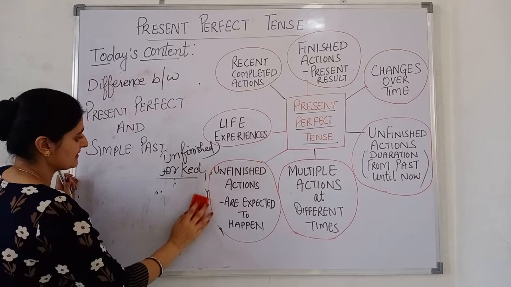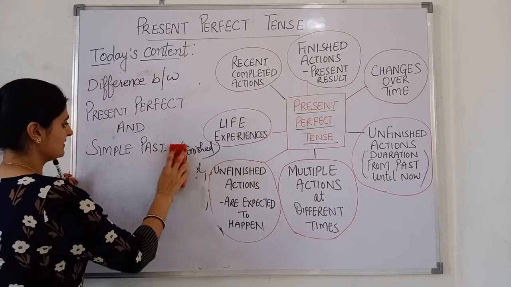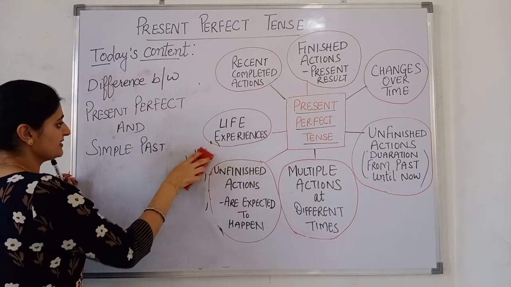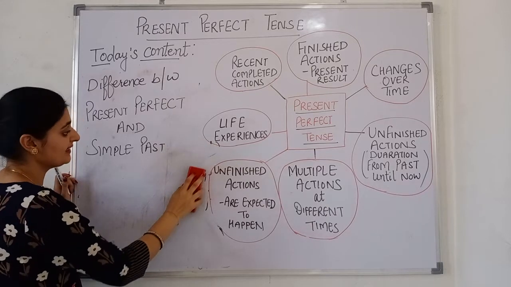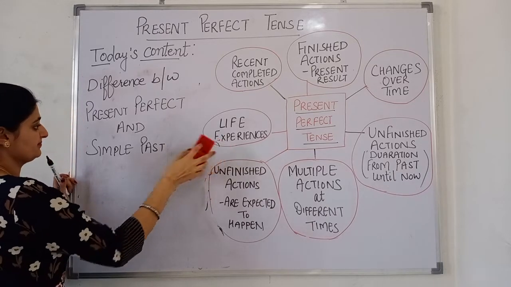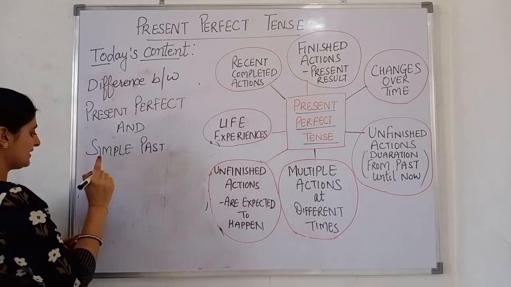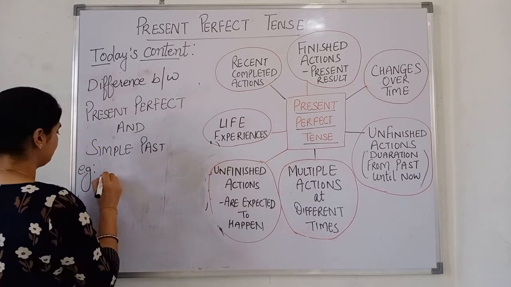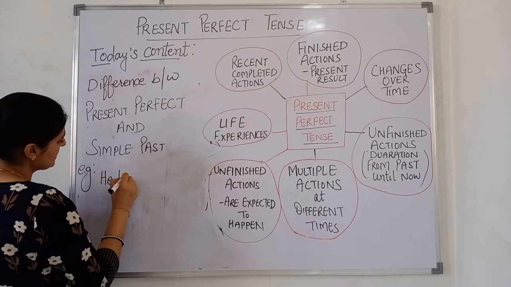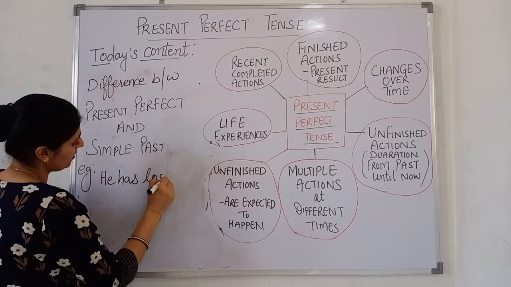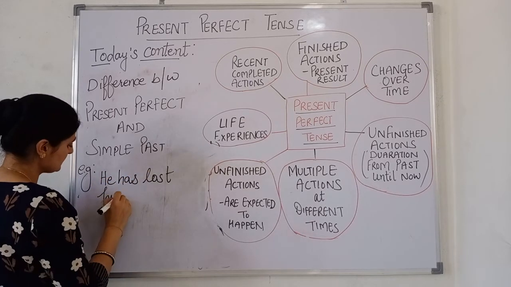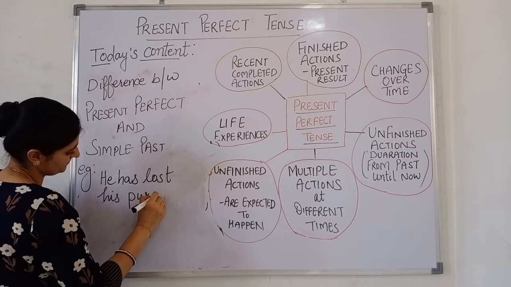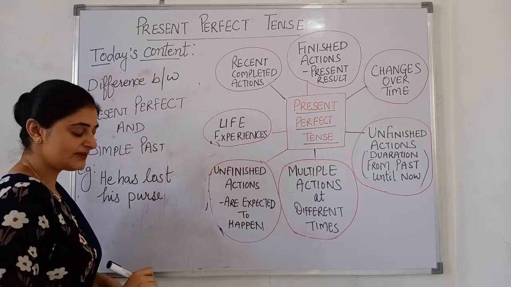Now let's analyze the next two sentences and conclude what is the difference between present perfect and simple past. Okay? First I will give you an example. The example is, he has lost his purse. Clear?